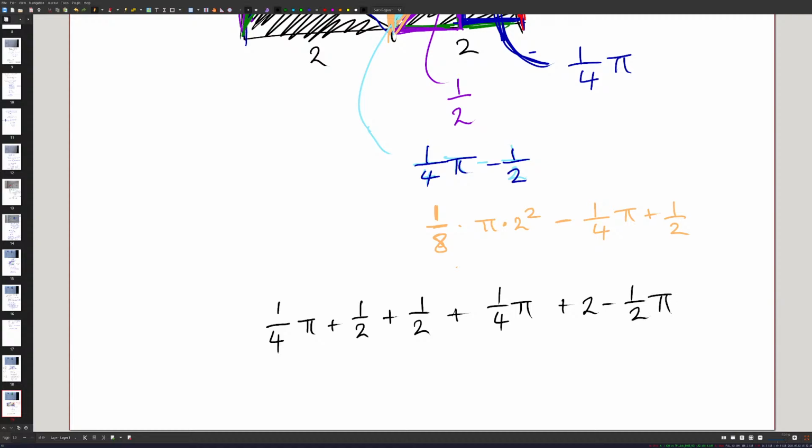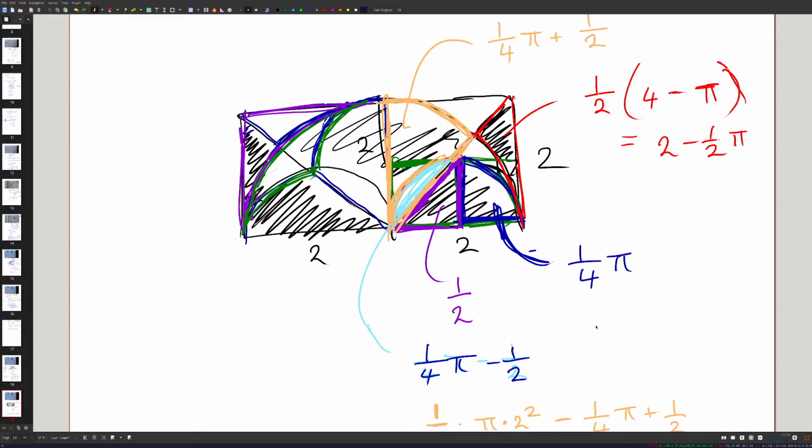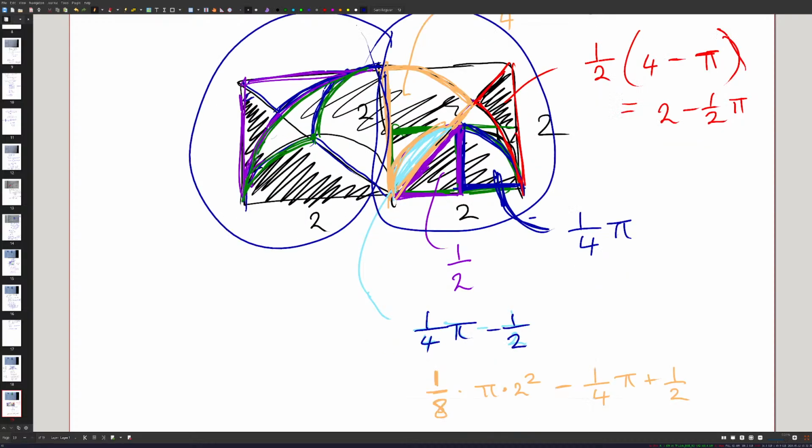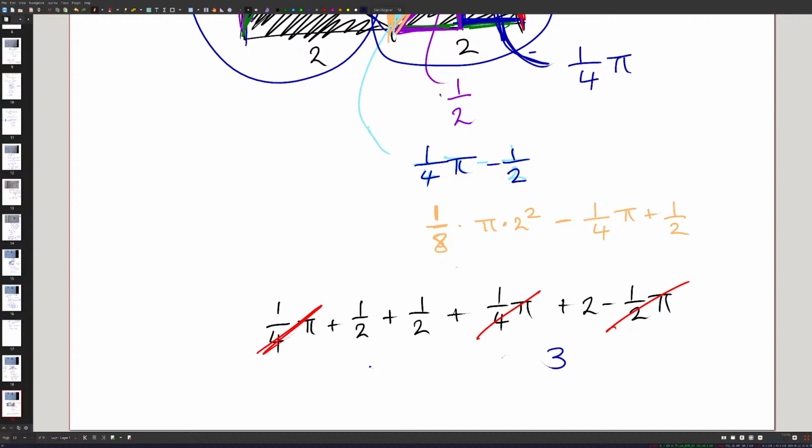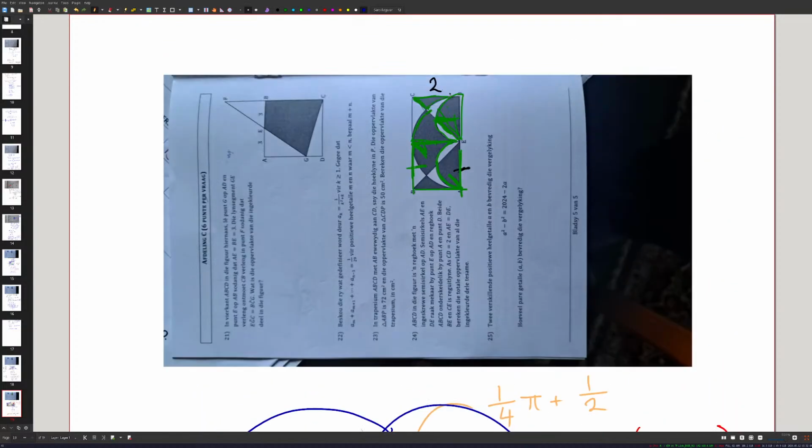And everything involving the pi's cancel as they have to, because the final answer is going to be an integer, so we're not going to have pi's floating around anymore. And so we're going to get 1 plus 2 is 3 for this half of the figure. And then another 3 on the other half is 6 in total. It feels like there must be an easier way to do that, but doesn't matter. We've got an answer.